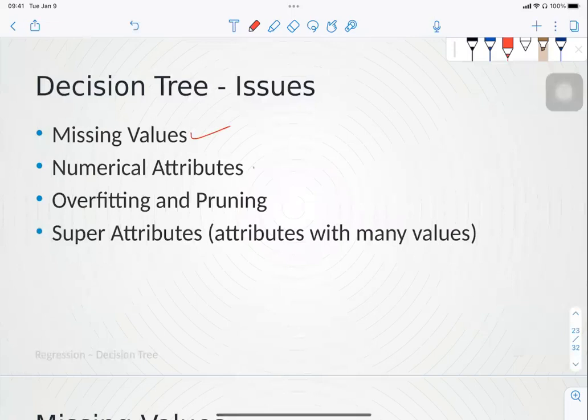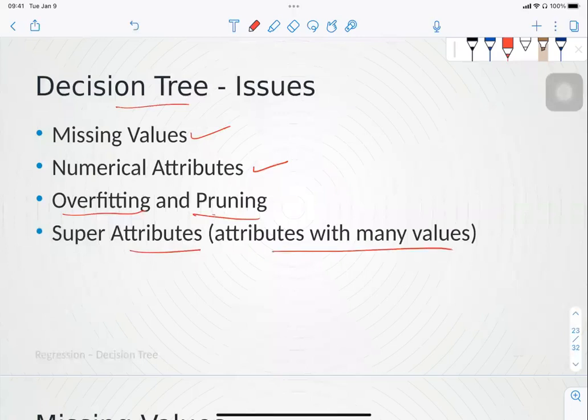There are sometimes going to be numerical attributes. Sometimes we are going to overfit, or we are going to do some pruning. So we are going to try to satisfy a particular target variable, and for satisfying that condition, sometimes we might overfit the data, and that is one of the major issues of decision tree. And super attribute is something with many values.